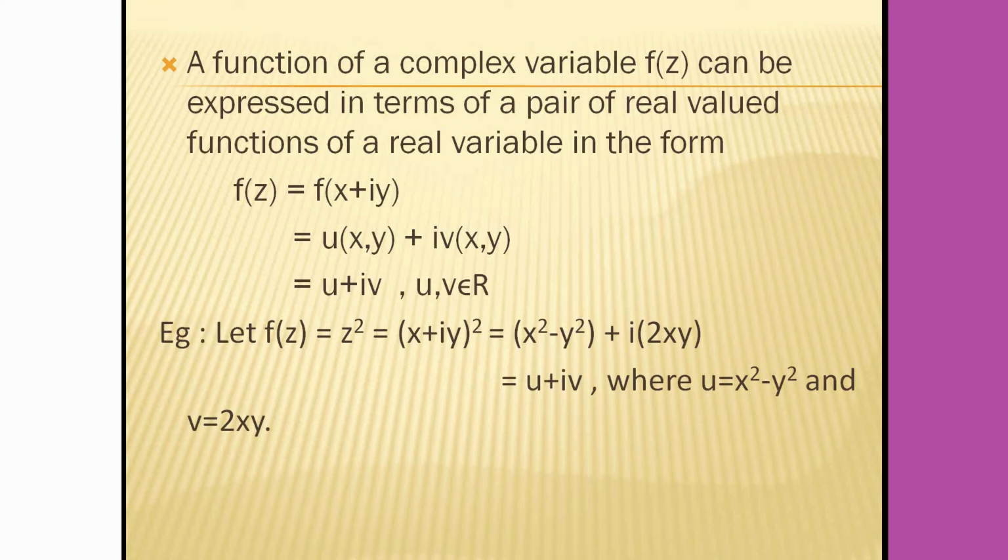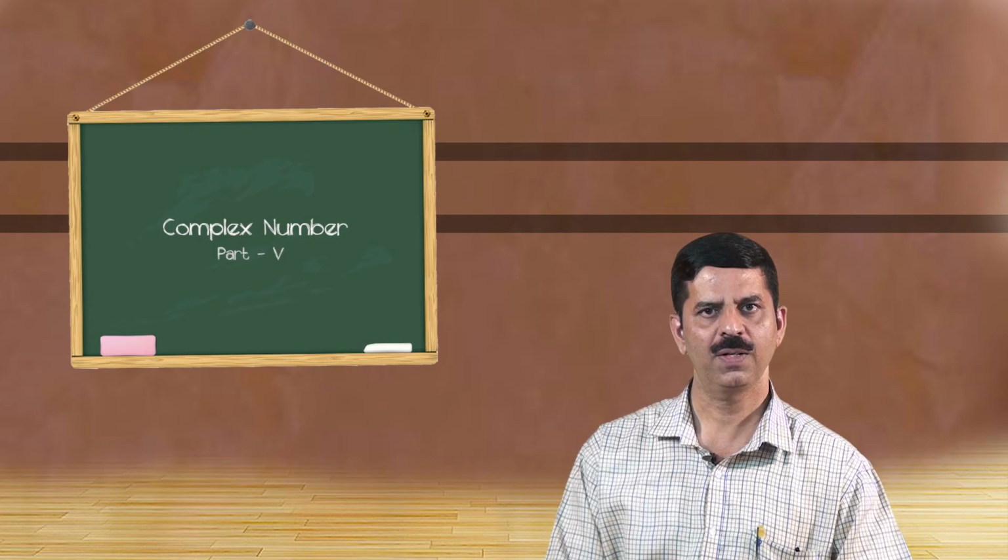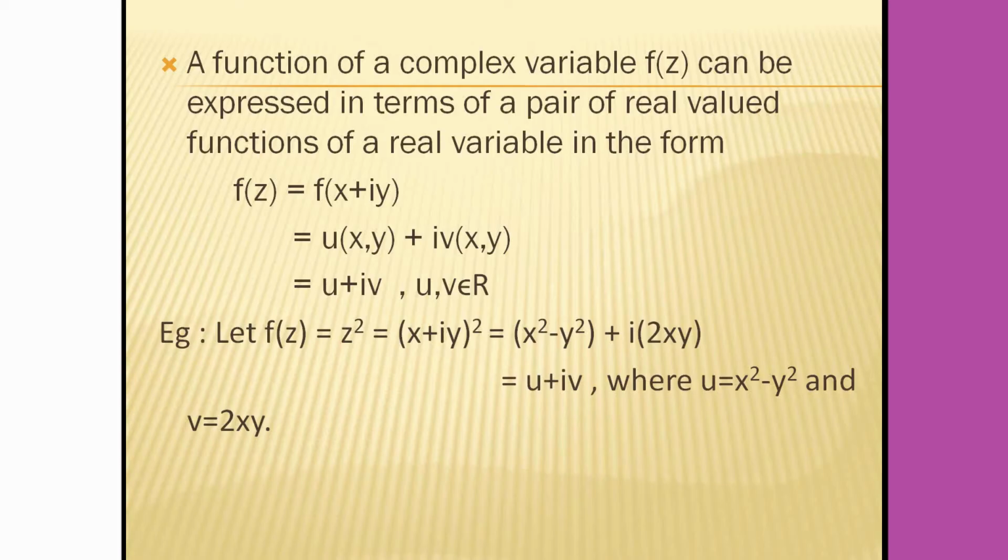As we know that i squared is minus 1 from the last class, i squared y squared becomes minus y squared. Therefore we can write it as x squared minus y squared plus 2ixy.